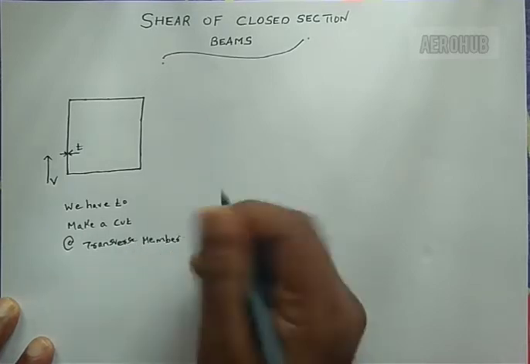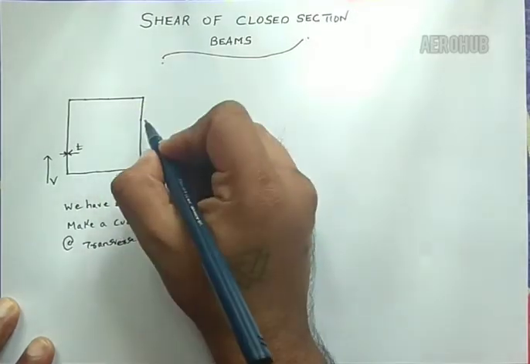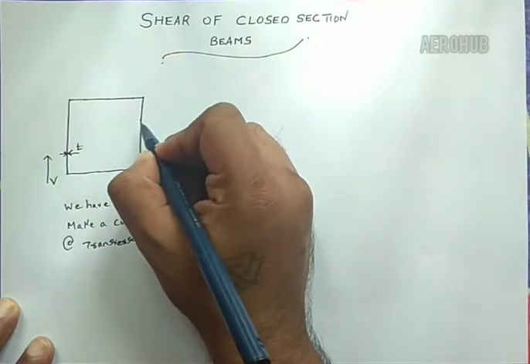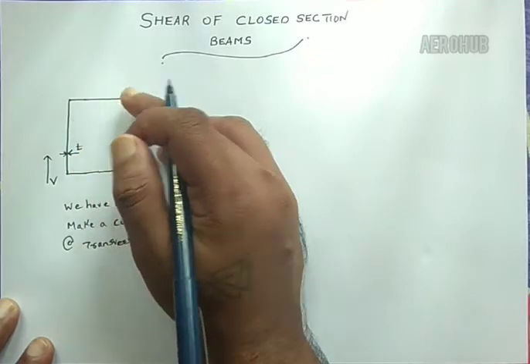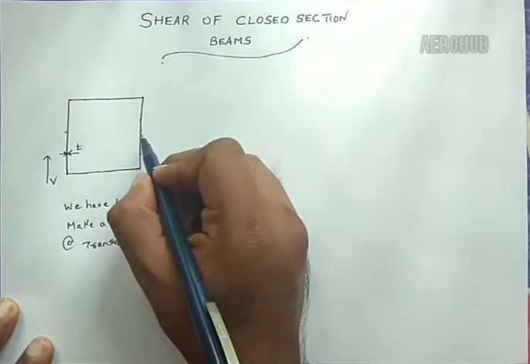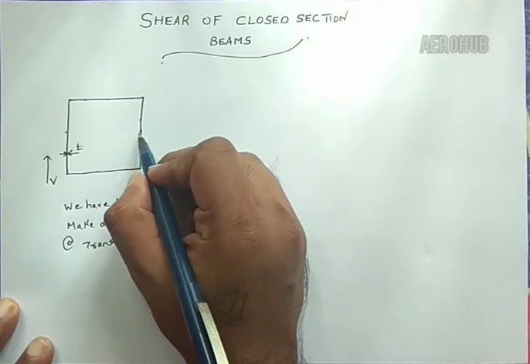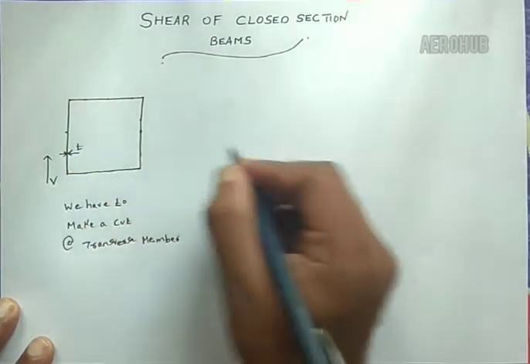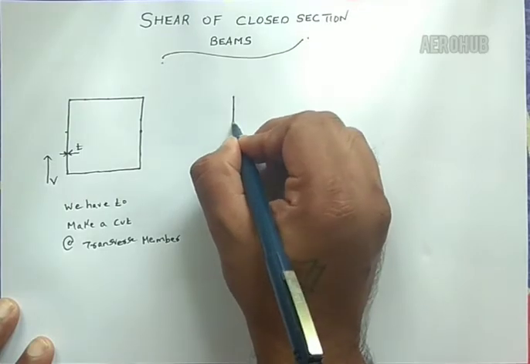That means for this rectangular thin wall section we have two vertical members, this one or this one. We have to make a cut either at this position or this position. Okay, so I will make a cut here.